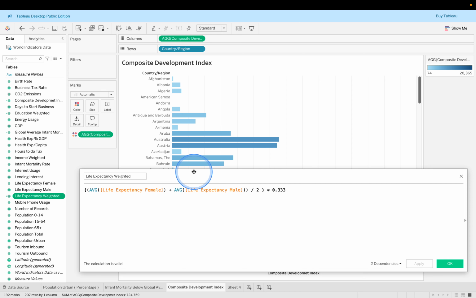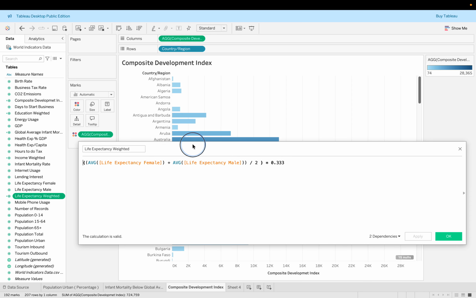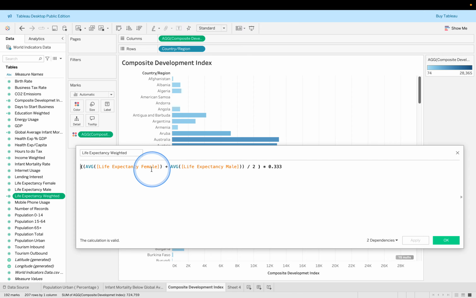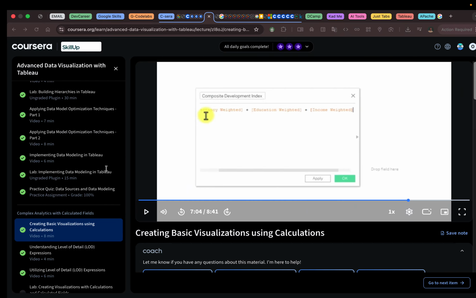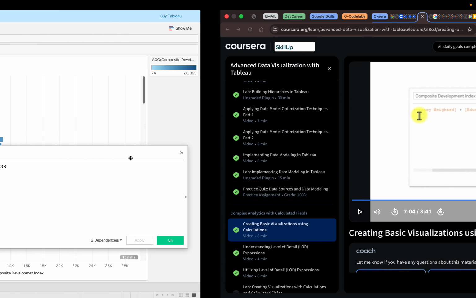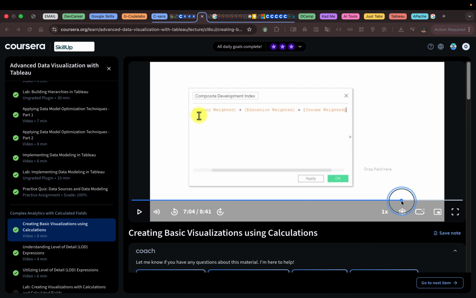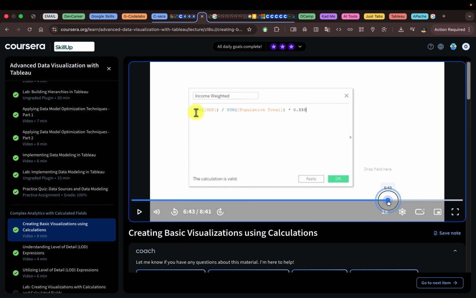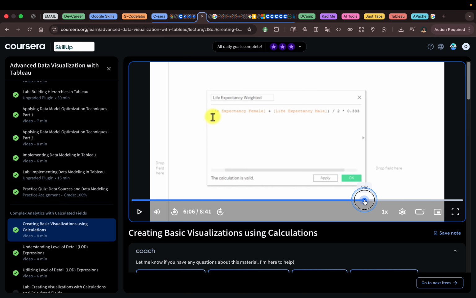What actually happened was that, on the lessons, if you go to where we have life expectancy weighted, you can see female plus life expectancy male, divided by 2, multiplied by 0.33.